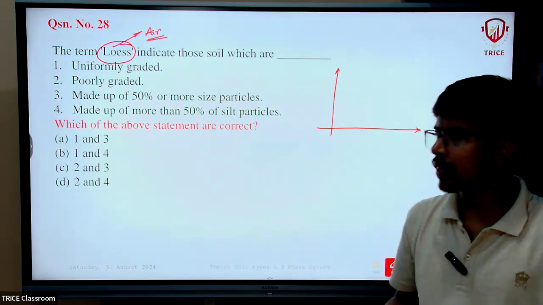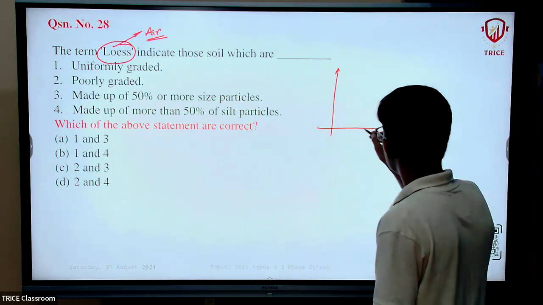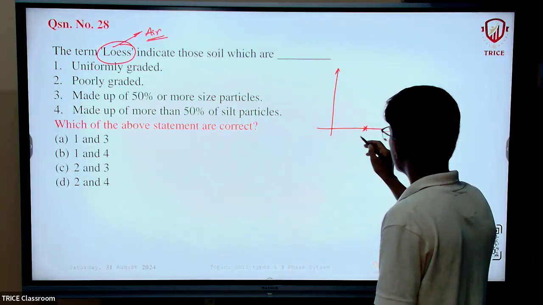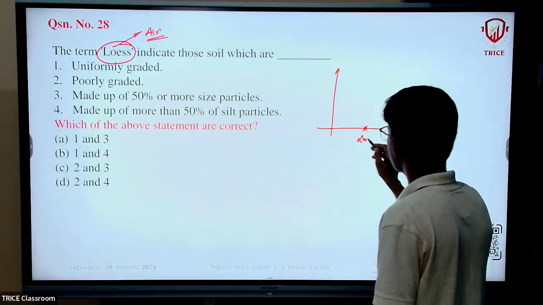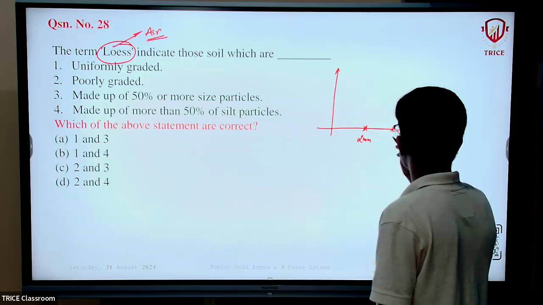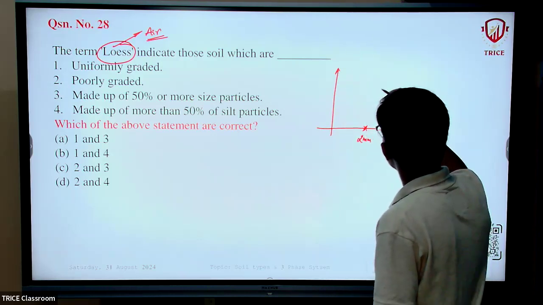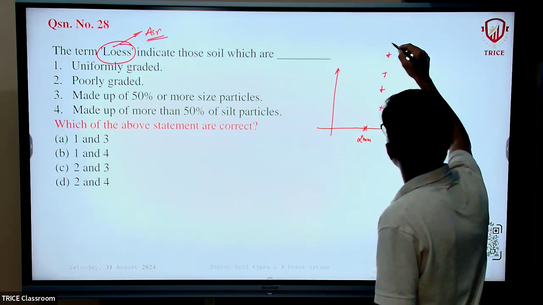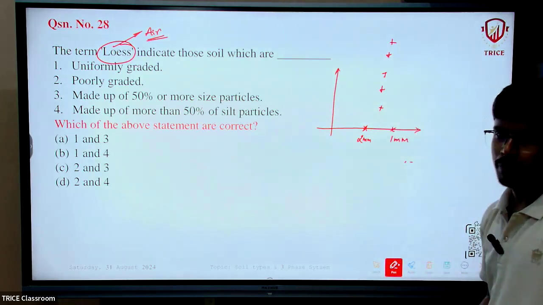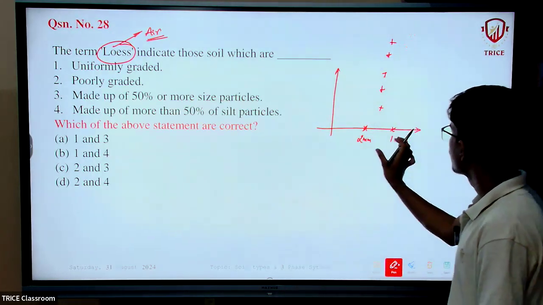Only a particular range, the uniformity. If you take particles of about 2 millimeters to around 1 millimeter size, in all different percentage finer we can expect the same range of particle size.